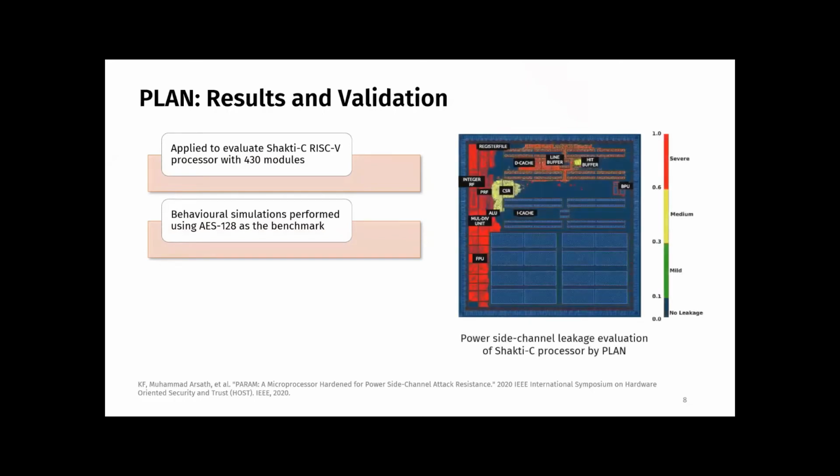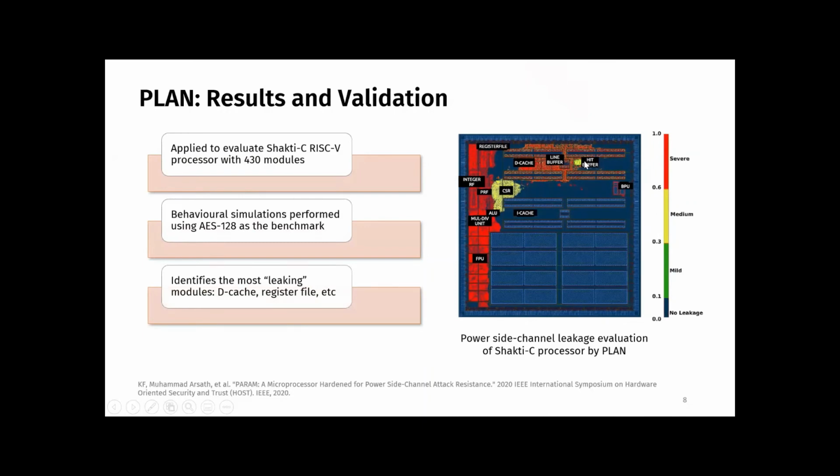The following figure illustrates the heat map of the results of plan after evaluating the Shakti-C processor design. As we can see, plan is able to identify the most leaking modules depicted in red, such as the register file, D-cache, and so on. Thus, plan can be used for an early estimation of the power side channel vulnerability at the design stage itself.